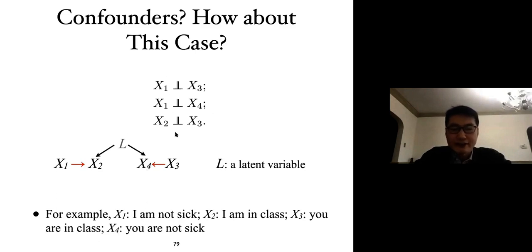You can verify those conditions. Then you can see there must be a confounder behind X2 and X3. Meaning that the fact that I'm in class does not cause you to be in class. Both of us are in class for some other reason, which is the confounder. What's that? It's a class schedule.